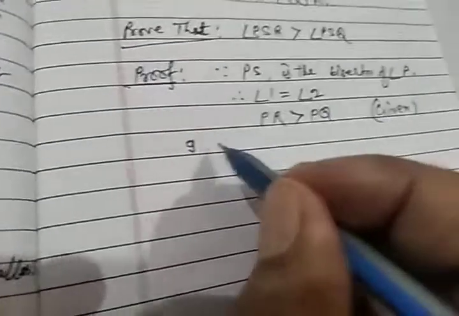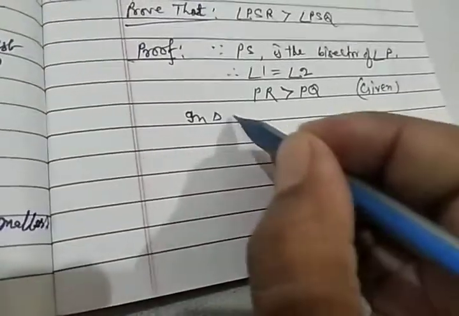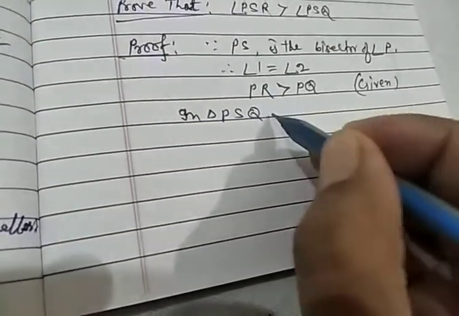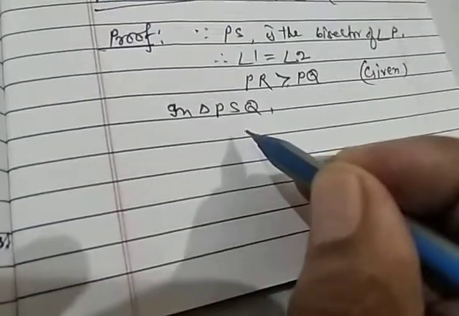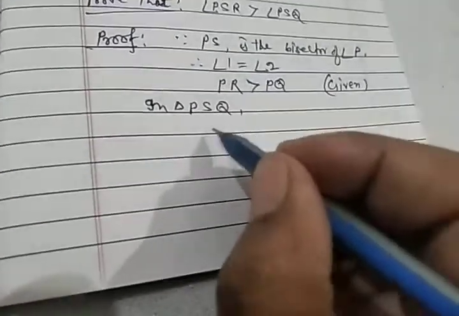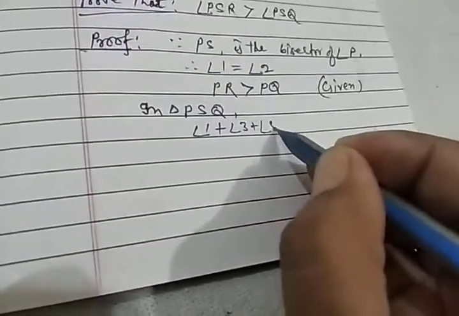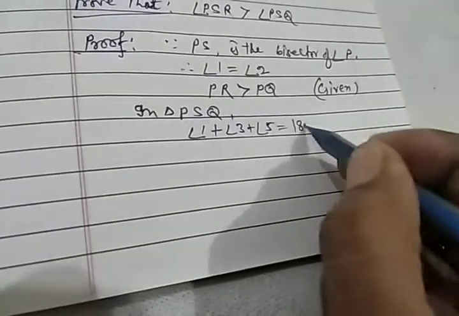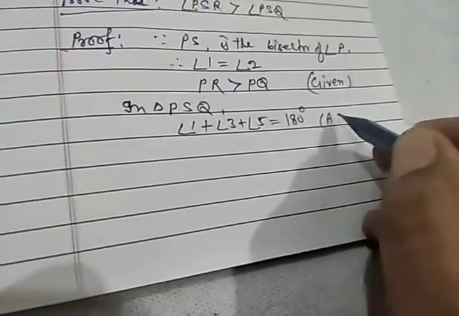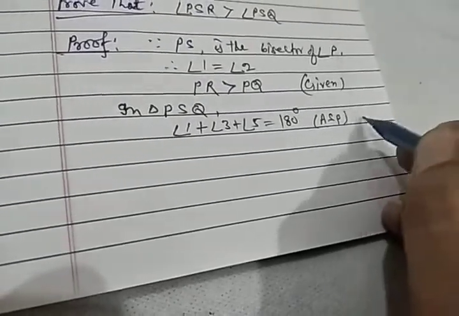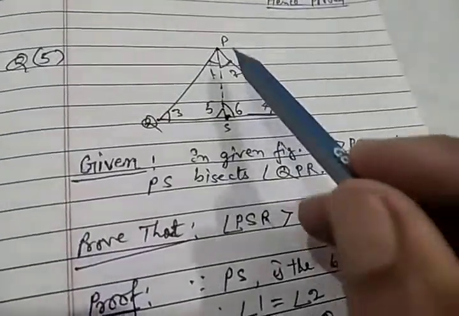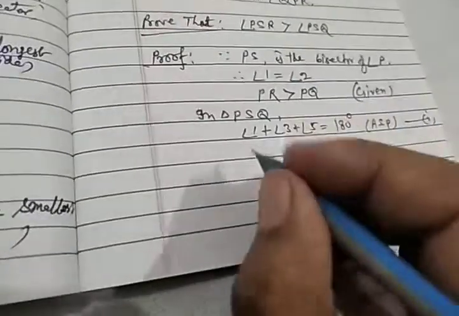In triangle PSQ, the sum of all angles is 180. Angle 1 plus angle 3 plus angle 5 equals 180 degrees by the angle sum property. This is equation 1.